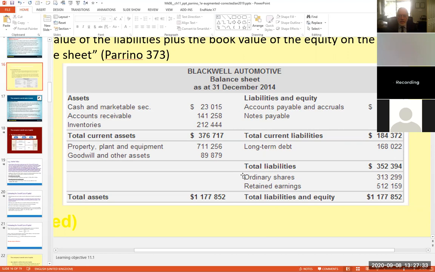Equity can be made up of a number of components. Here we've got a very simple situation. We've simply got ordinary shares and those past profits that haven't been distributed to owners yet. And so we refer to that as retained earnings. And retained earnings is a very important part of what supports the company in terms of capital.